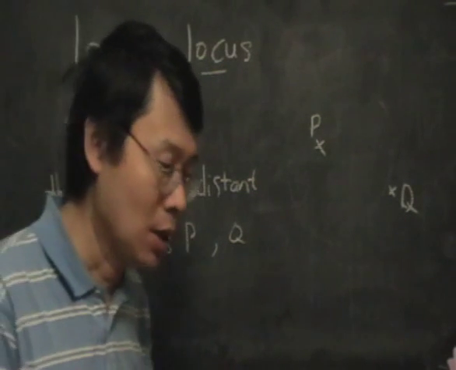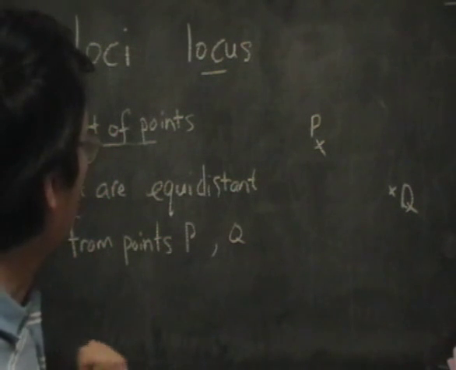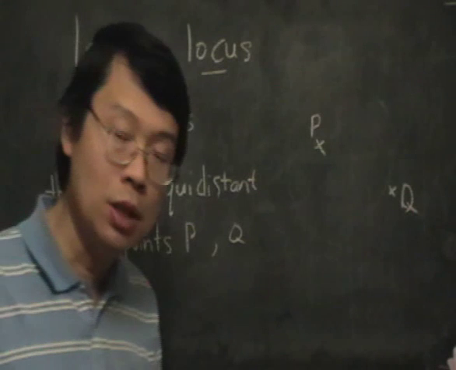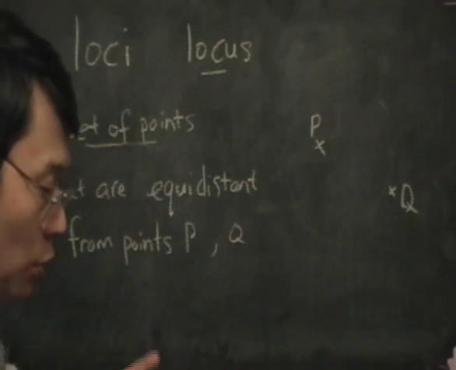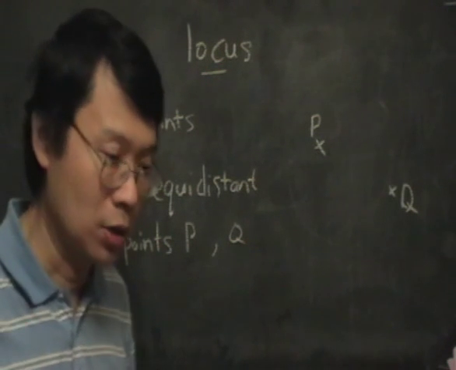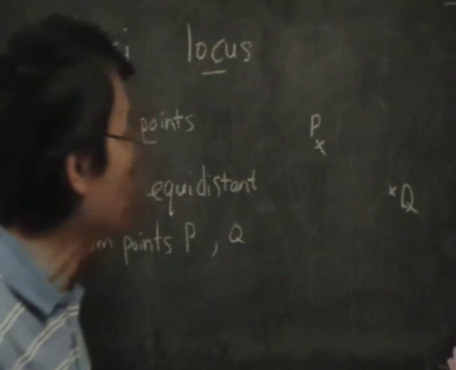Now let's try and think of some examples. That's always a good way to start, to figure out what this locus, what this set of points should look like. Like I said just now, this set of points will often correspond to a certain shape. It can be a circle that we have seen, or it can be some other curves or shape.